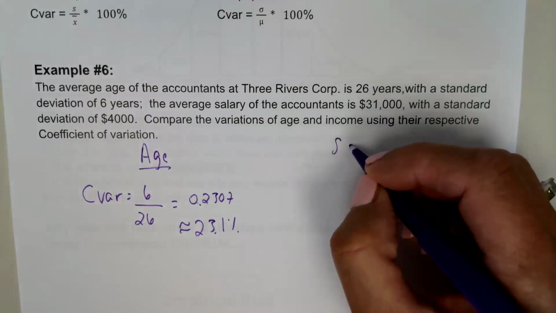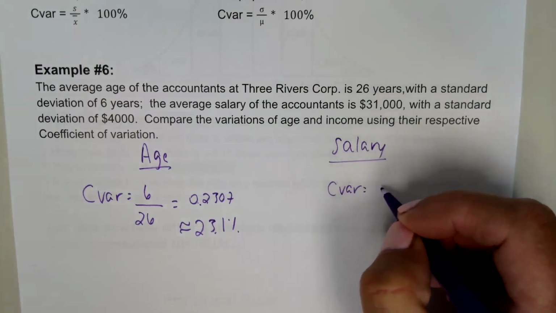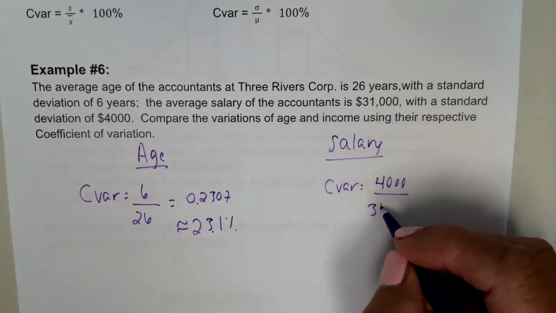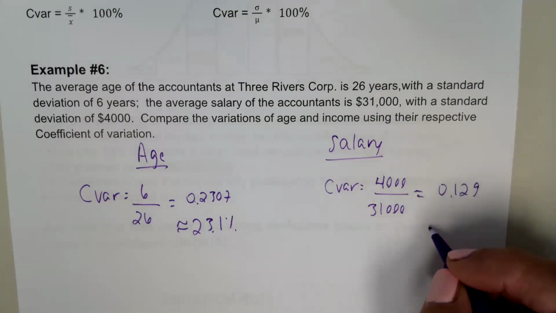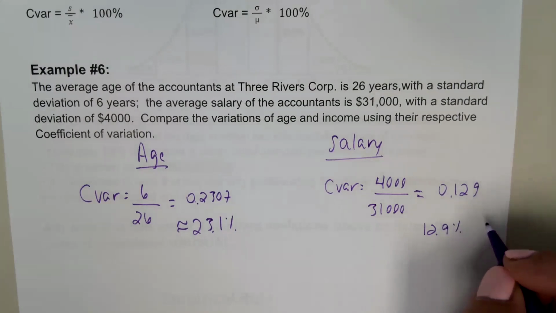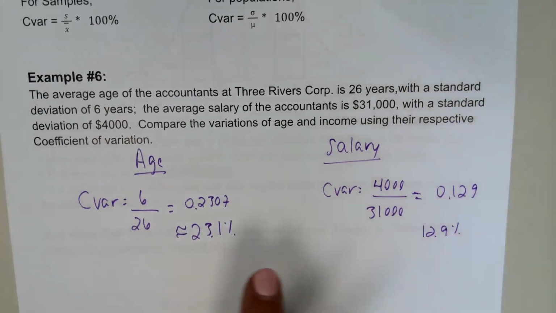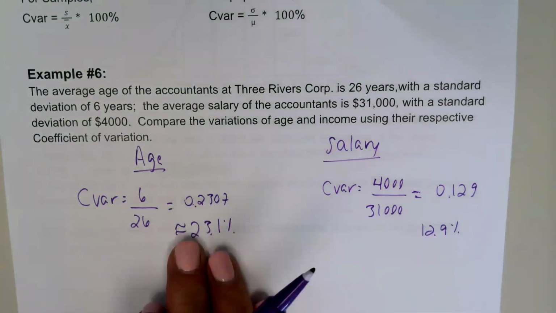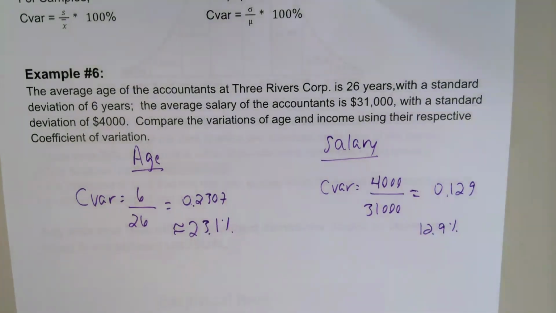And the salary coefficient of variation is .129, approximately 12.9%. So it looks like the salaries are not varying by as much as the age, which is a good thing. It means that they're not paying their accountants that are older any more or less than the younger accountants, because the salaries are not varying as much as the age.